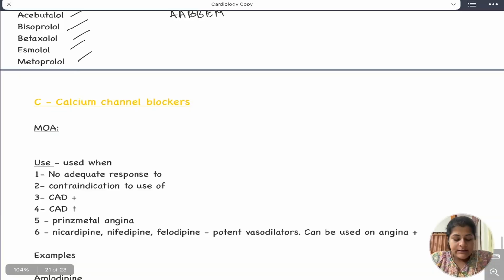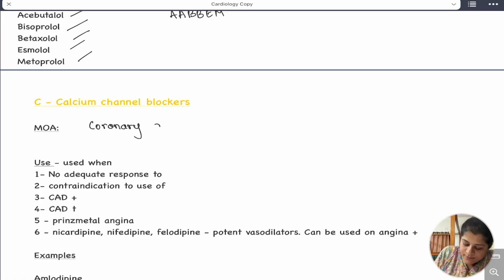Now, third is calcium channel blockers. How do they act? They have a mixed action. They cause coronary vasodilation and increase blood supply. At the same time, they also reduce contractility, reduce arterial blood pressure, and reduce myocardial oxygen demand.